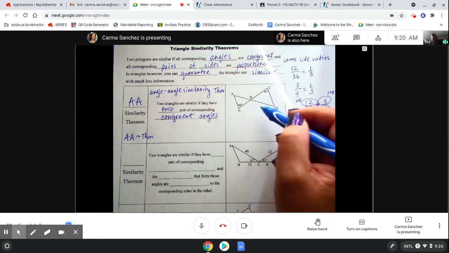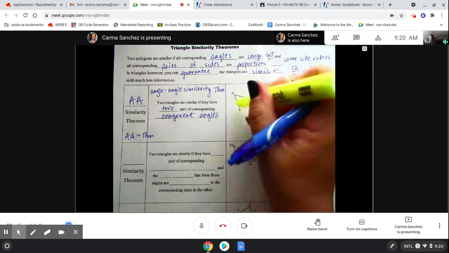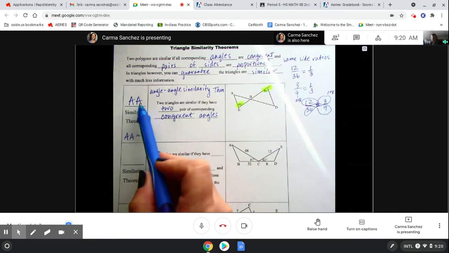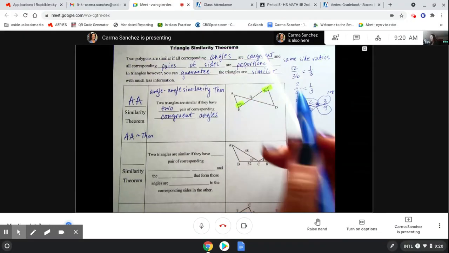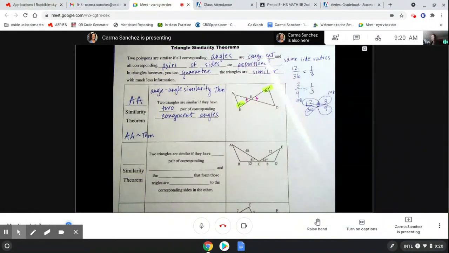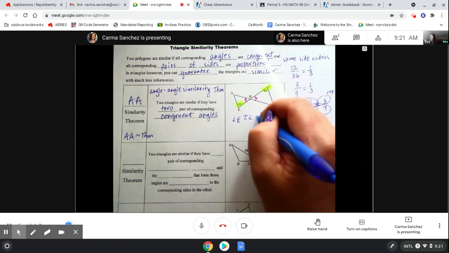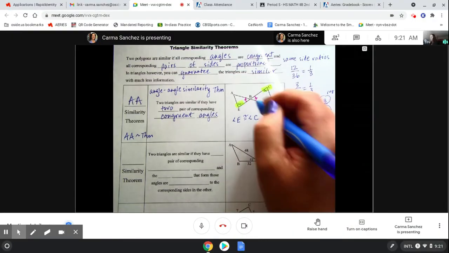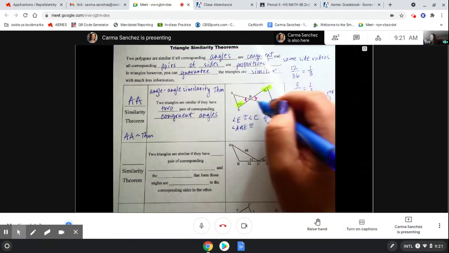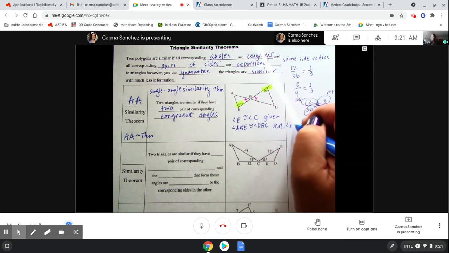So looking over at this image here, we can see that the 46 and the 46 is already giving us one equal angle. And all we need is two angles. Do you notice any other angles in this picture? Good. Hopefully you saw these vertical angles are equal. So we can say that angle E is congruent to angle C. It was given in the image. And angle ABE is congruent to angle DBC by vertical angles are equal.